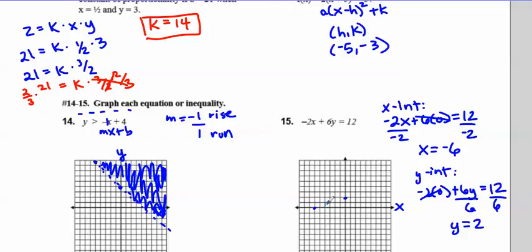So our line is going to go through those 2 points. Okay, and so your x-intercept is at -6, 0, and your y-intercept is at 0, 2. So that's the end of page 2, and there's a new video for pages 3 and 4.